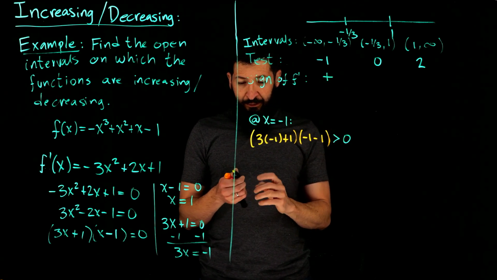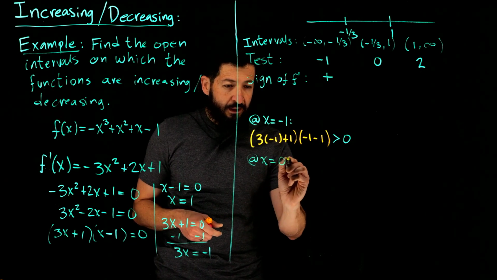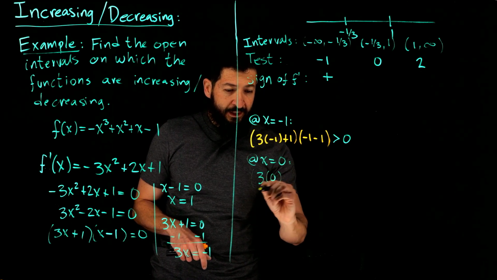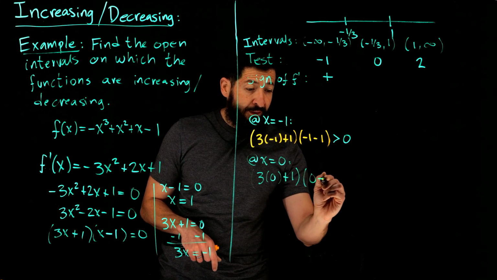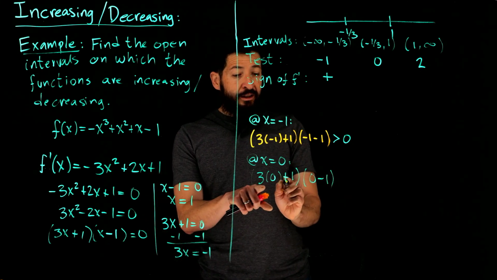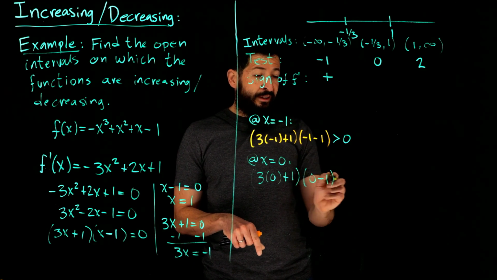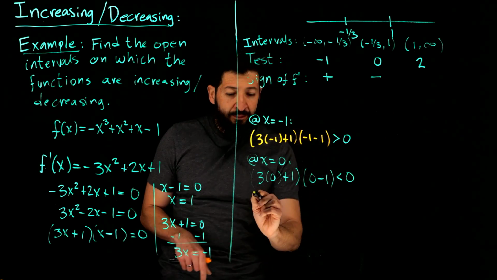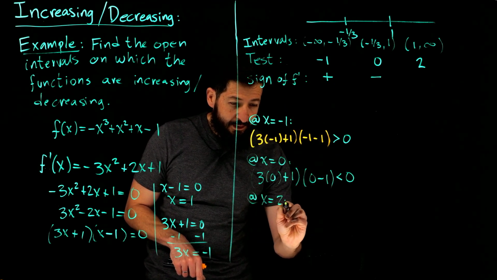At x equals 0, you evaluate it here again, you get 3 times 0 plus 1, and then 0 minus 1. So positive 1, negative 1, positive times negative, negative. And we evaluate at x equals 2.